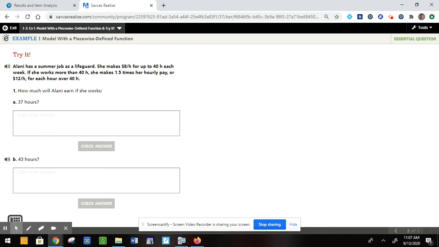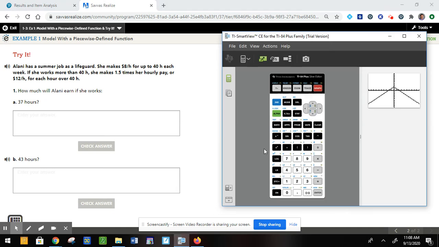Okay, so essentially we're going to use the part in the summary from the last slide, where depending on how many hours she has worked determines which function we're going to use. All right, so if she's worked 37 hours, we're simply going to use the first part of the function, right?